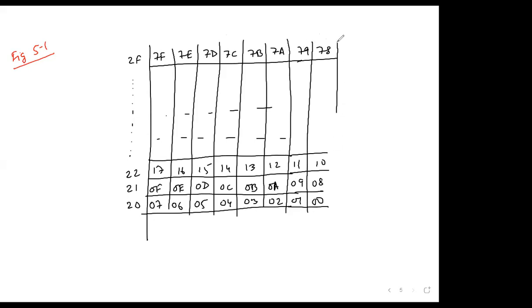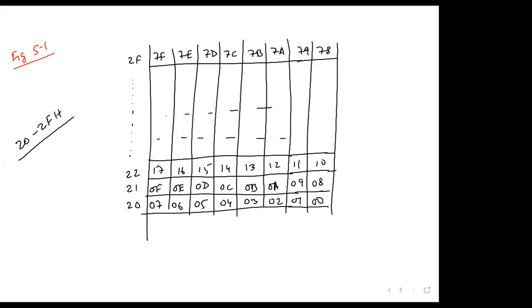All right, so this is just to give you the idea. As we said, from address 20 to 2FH is our bit addressable area. That means in the addresses from 20 to 2FH, all these 8 bits have got separate addresses as well. You can see the address of this location is 00, the address of this location is 08, the address of this location is 16, and so on.